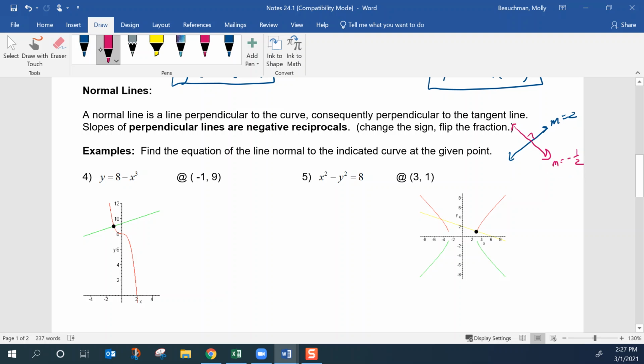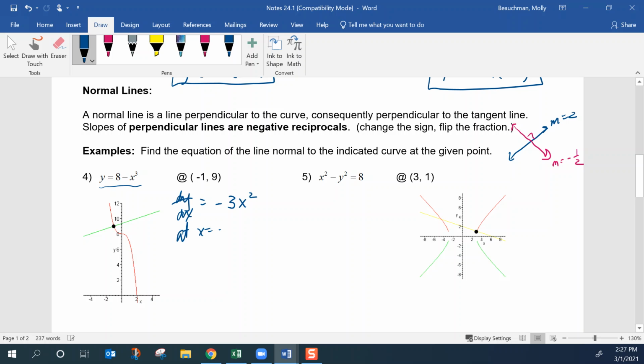So let's go back and take a look. Find the equation of the line normal to the indicated curve at the given point. We're going to do the same thing we did before. We're going to find the slope of our tangent line, and then we're going to take the negative reciprocal for the slope of our normal line. All right, so our first function, y equals 8 minus x cubed. The slope of the tangent line, dy/dx, is equal to, the 8 drops off, and we get negative 3x squared.